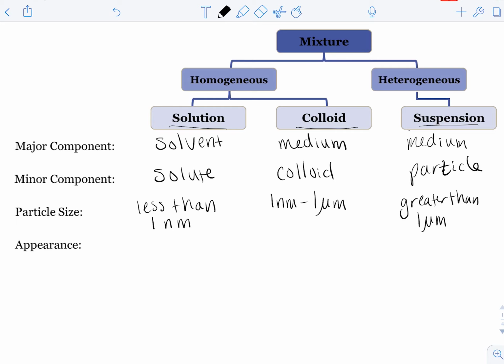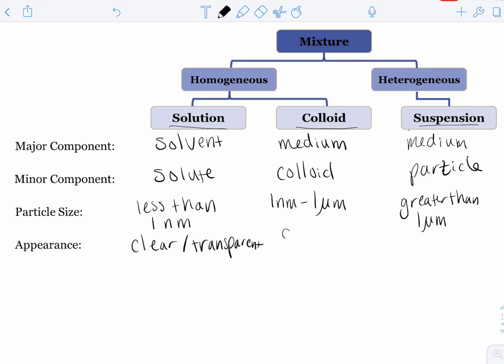With our different types of mixtures, we're going to have different appearances based on the fact that we have different particle sizes. With our solution, since we have very small particles that are dissolved and homogeneously mixed, these are going to be clear and transparent. Not necessarily colorless, but clear.